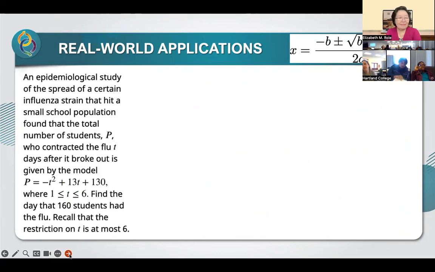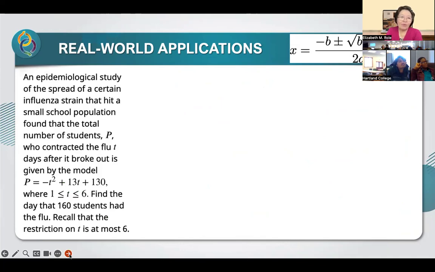I have some health related problems here that we are working on. This one is an epidemiological study of the spread of a certain influenza strain that hit a small school population. They are talking of the number of days where the flu had spread in that school.